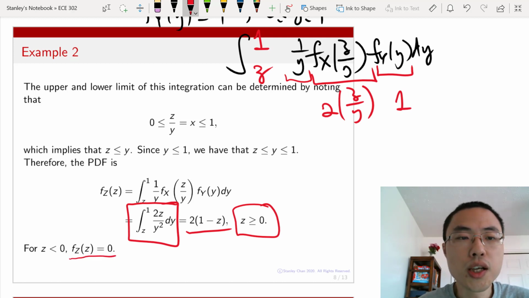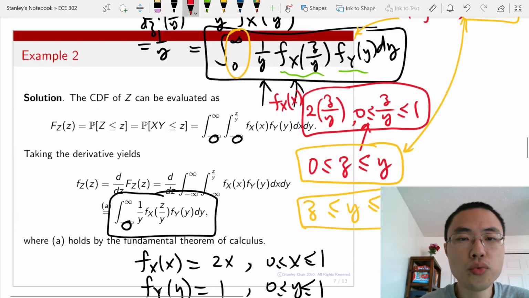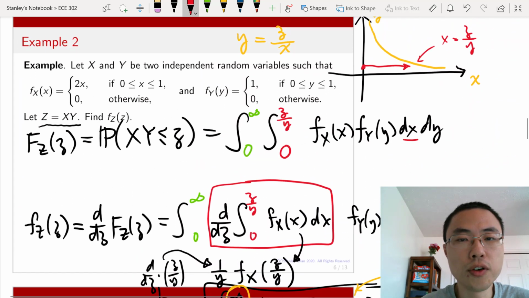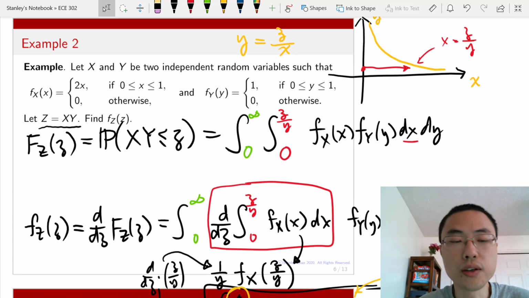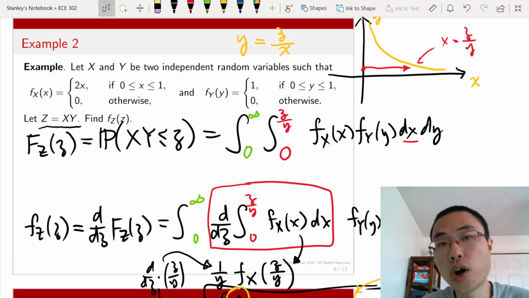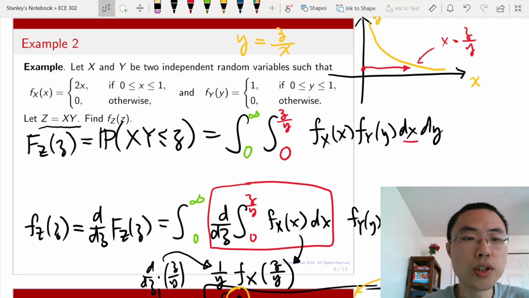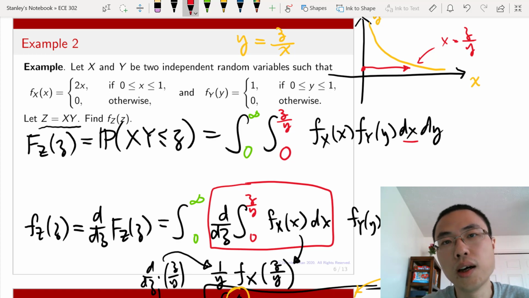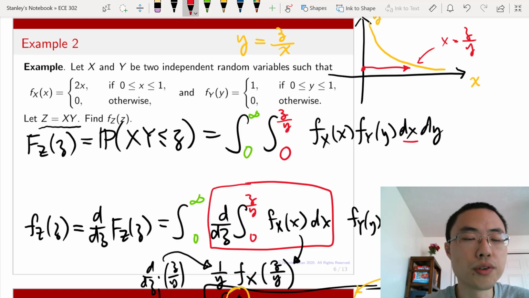Okay, so this example shows you how we calculate the PDF of not just the sum of two random variables, but also how we calculate the PDF of a pair of random variables when you take the product. The approach is exactly the same. You calculate the generic form, which is the CDF, the PDF, ignoring the specific definitions of your fx and fy.